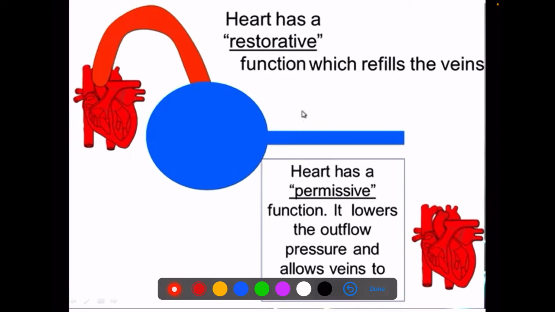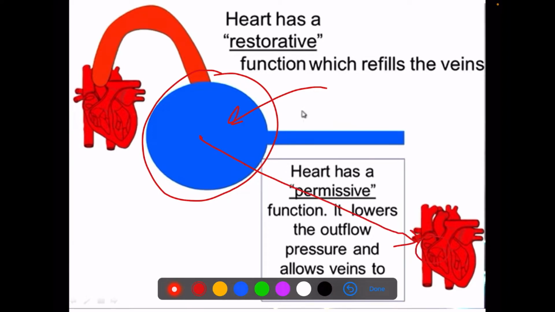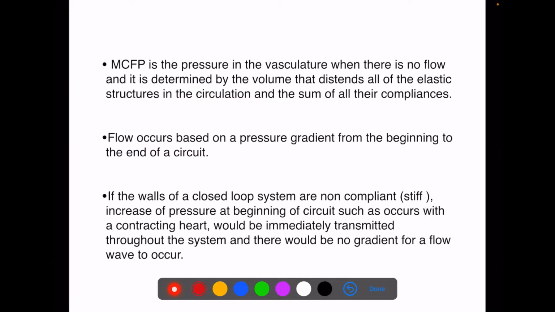However, it also has a restorative function, which is the contractility function, by which it again fills these reservoirs. So the heart has two functions. The first is a restorative function to restore the venous reservoirs. The next is the permissive function, which is maintaining a gradient from these reservoirs to the right atrium. So the heart contracts to reduce the right atrial pressures.